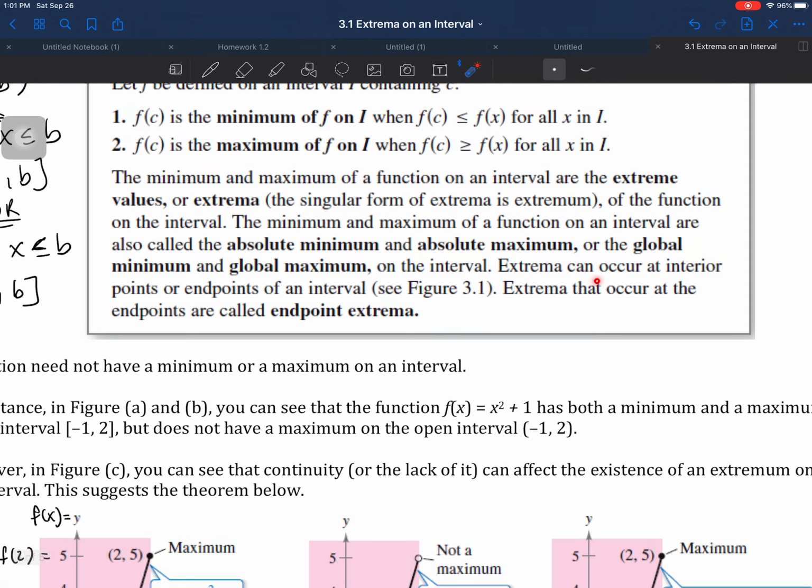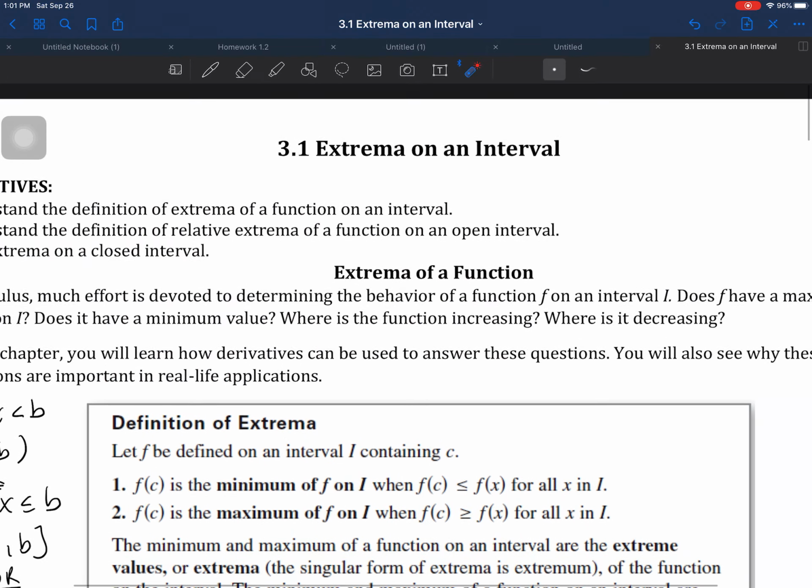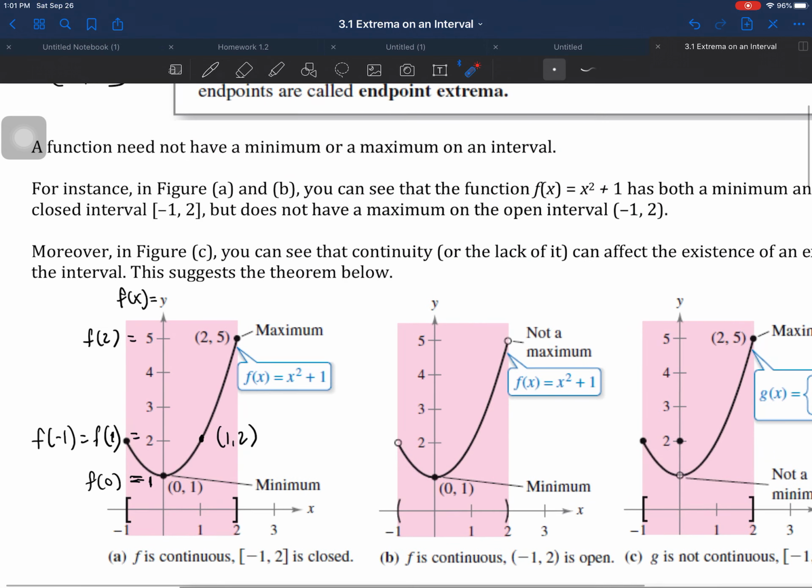Extrema can happen in the interior points or the endpoints on an interval, as we see here in the picture. We notice that the maximum of the function happens at an endpoint, but we can also see that these extrema can happen in the interior of the interval, within the -1 and 2.